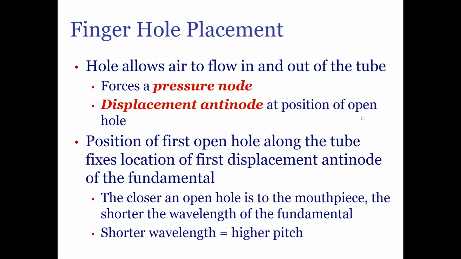So finger holes. This is a fairly big chunk of the chapter, and I'm not much more well versed than what is on here. I don't think there are that many questions on finger holes in general, but I will talk about what I do understand and know. What a finger hole does is allow air to flow in and out of the tube at a certain position.